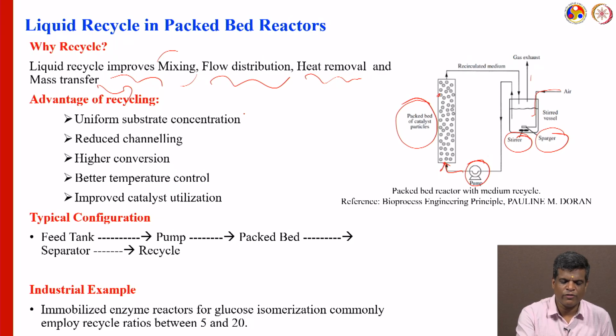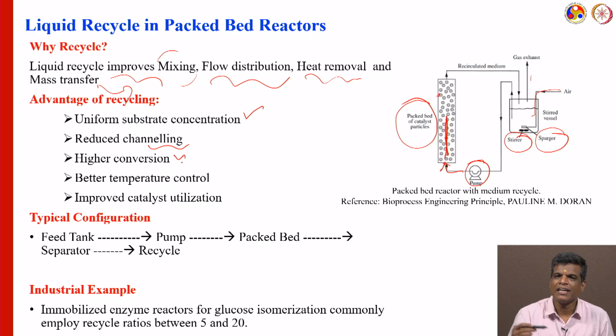The first one is that if you do recycle, then we get a uniform substrate concentration. Then of course the channeling will be reduced, because sometimes channeling occurs directly, and you always try to avoid channeling.